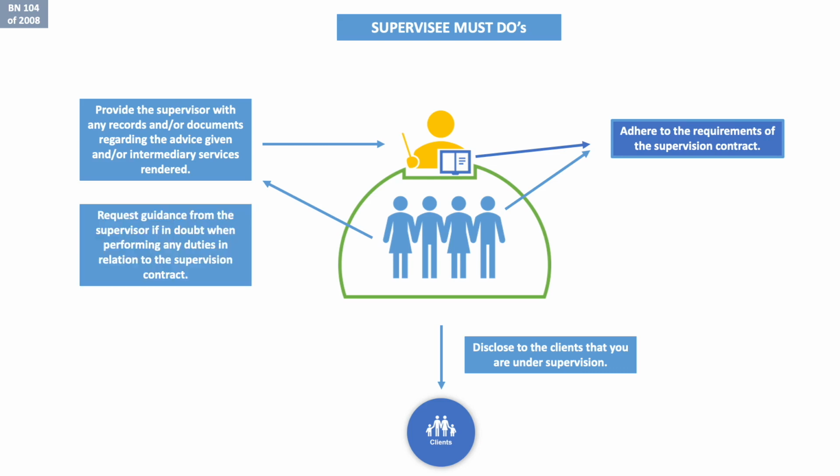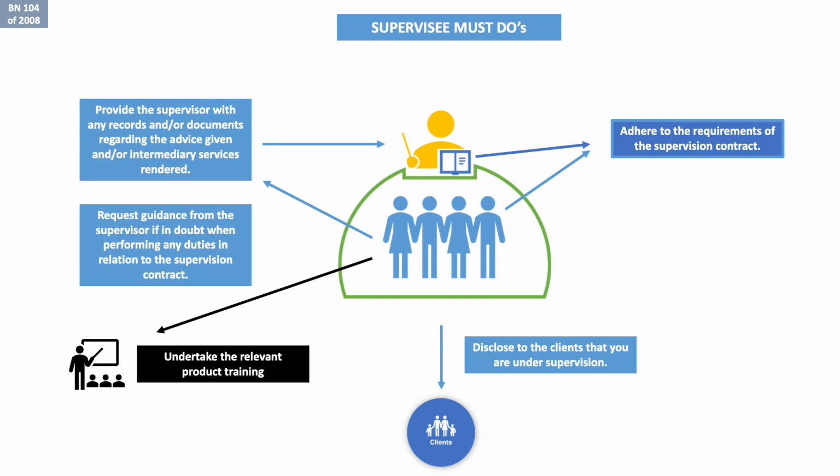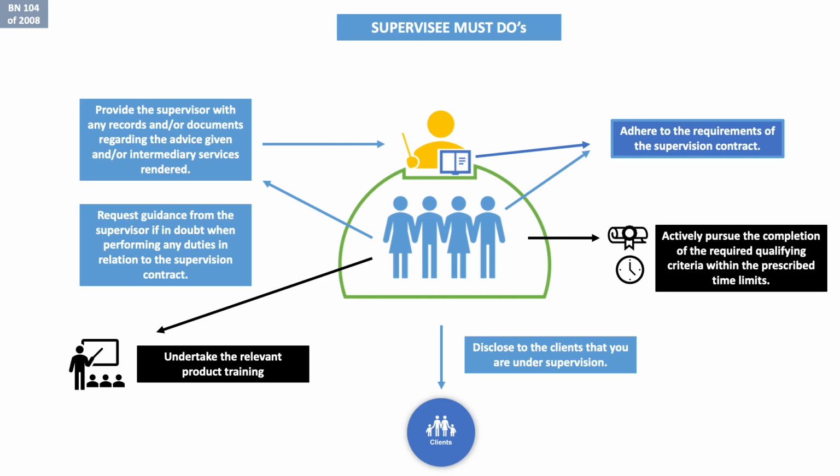The representative is to request guidance from the supervisor if in doubt when performing any duties in relation to the supervision contract. The representative must undertake the relevant product training and actively pursue the completion of the required qualification within the prescribed time limits.